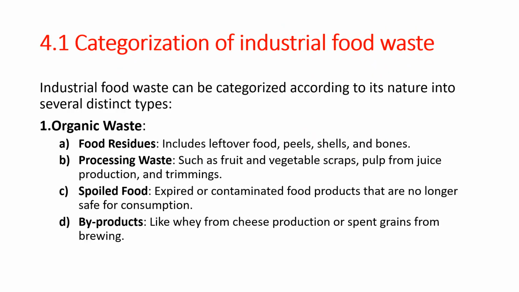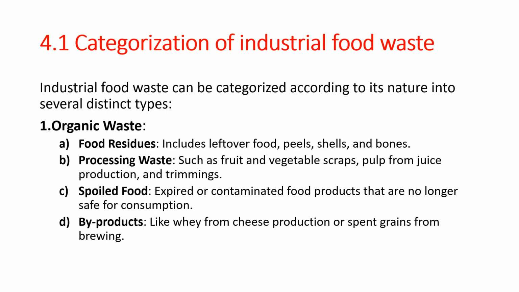Now, underneath organic waste, we have food residues, processing waste, spoiled food, and byproducts. Organic waste is biodegradable because it can be digested by microorganisms, insects, and worms, so that manure or organic fertilizer can be obtained from it.